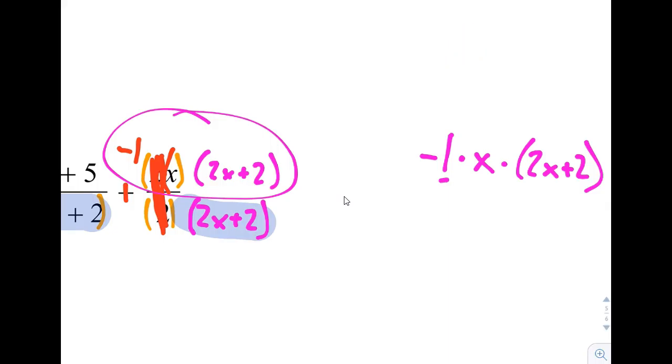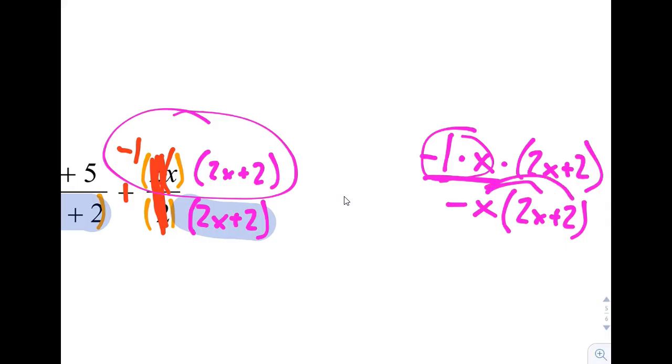So I have a negative 1 times an x out front, and I'm going to get negative x, or negative 1x, times 2x plus 2. So I combine these into a single chunk right here. The benefit to that is now when I distribute, I can take one thing times both of these.